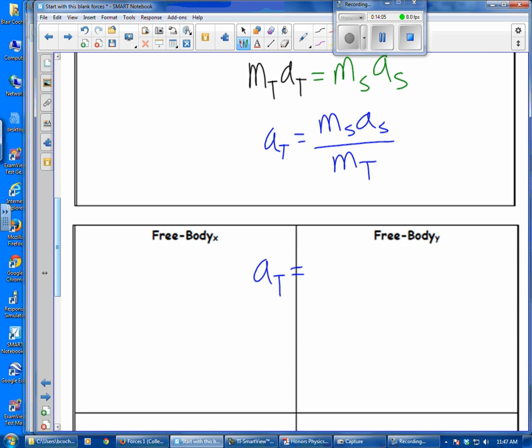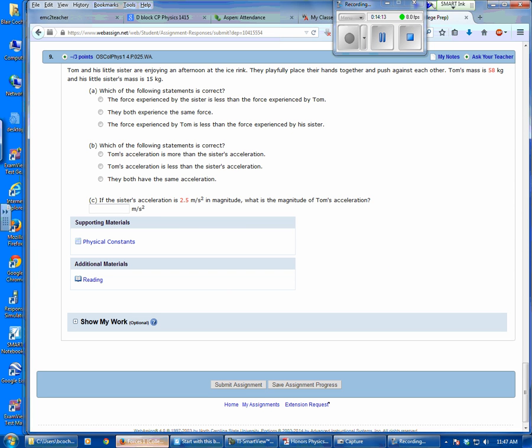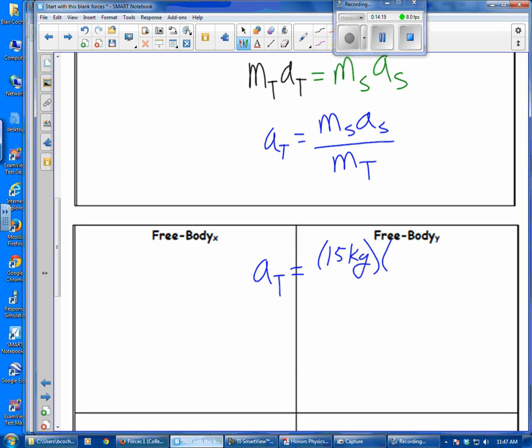They tell me his sister, I believe, is 15 kilograms. She's accelerating at 2.5 meters per second squared, and Tom is 58 kilograms.